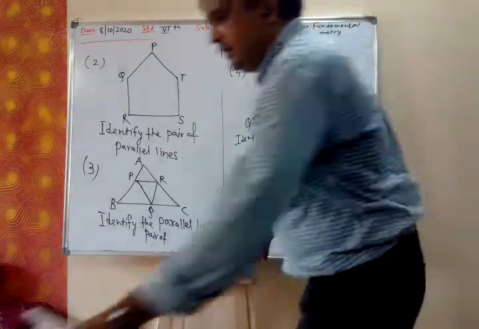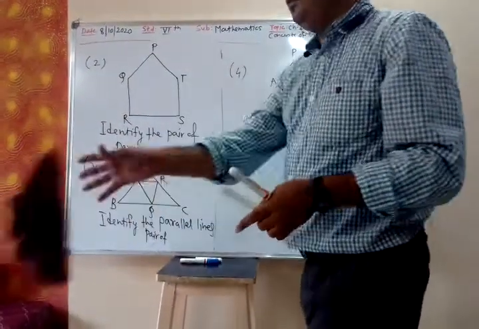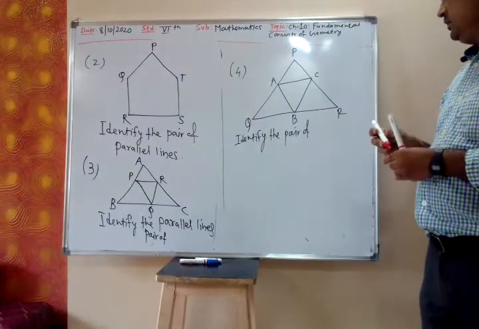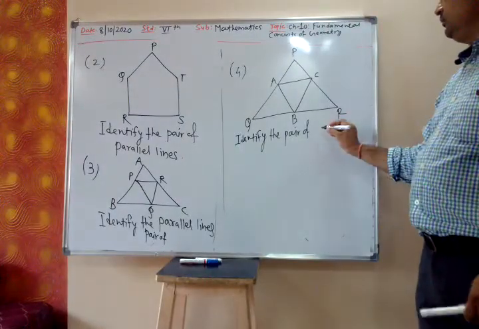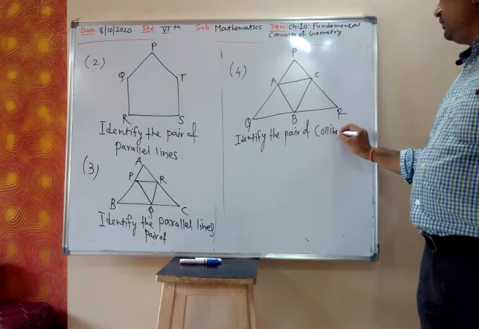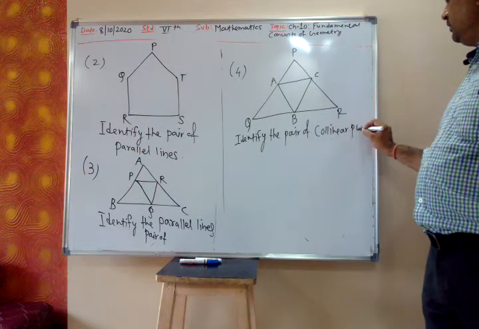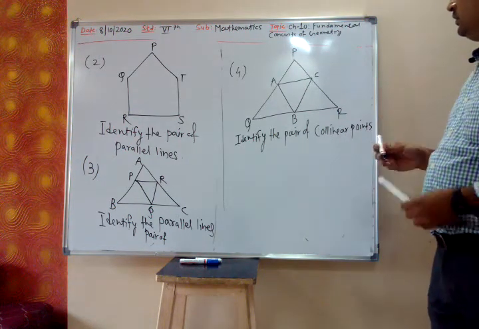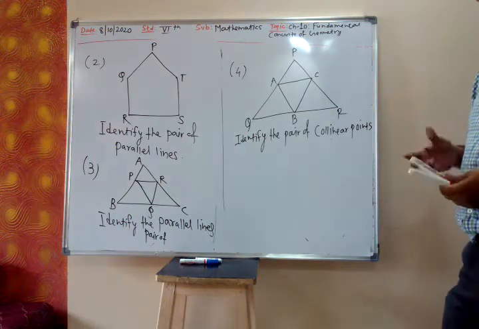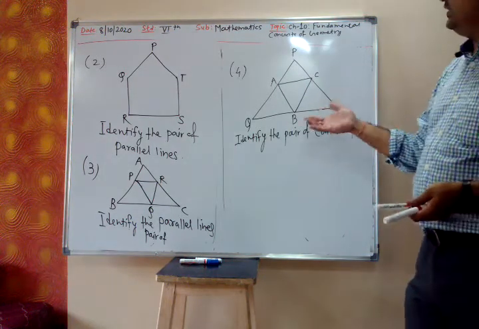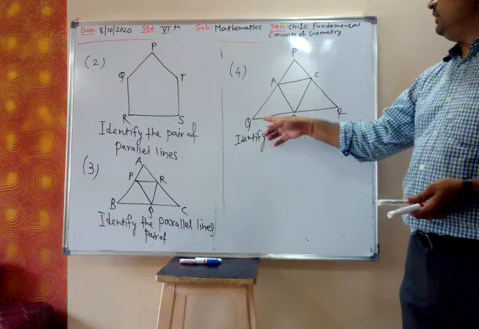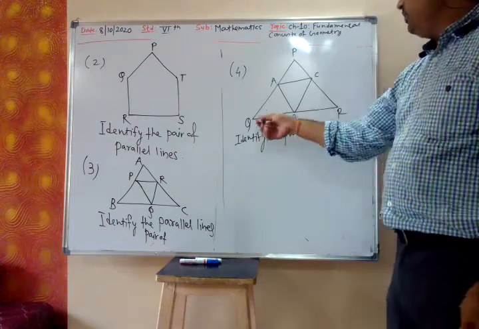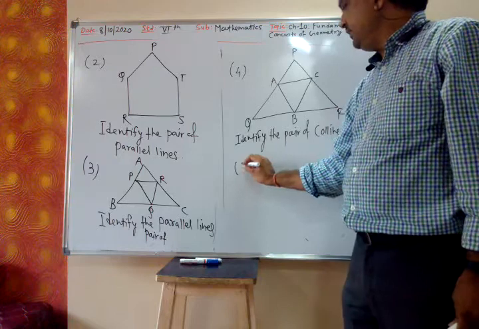Identify the pair of collinear points. There are three lines, no? You could take the line QR, then there are three points Q, B, R.